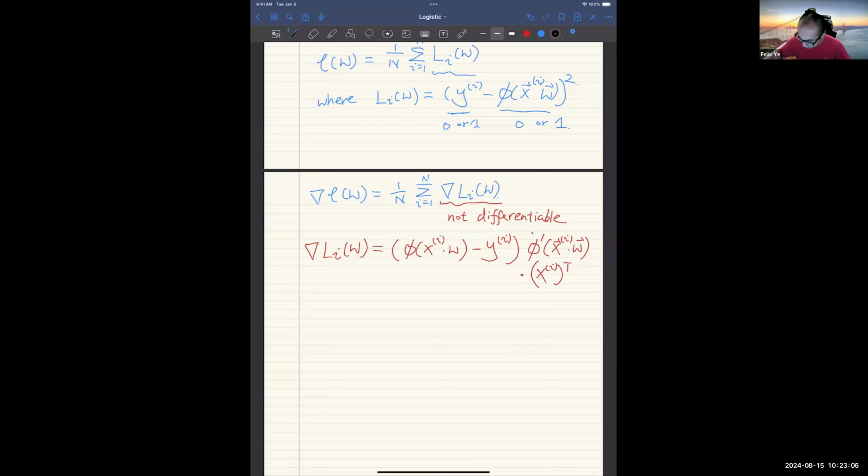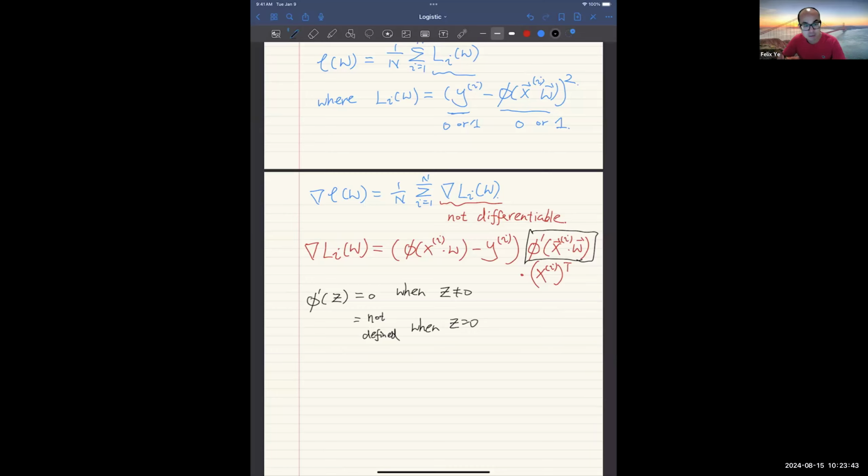The problem is coming from this one. This part is not differentiable. As I said, this thing is 0 when z is not equal to 0, and is undefined, not defined, when z is 0.